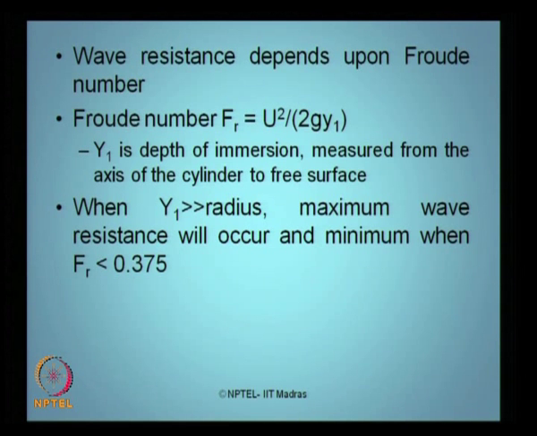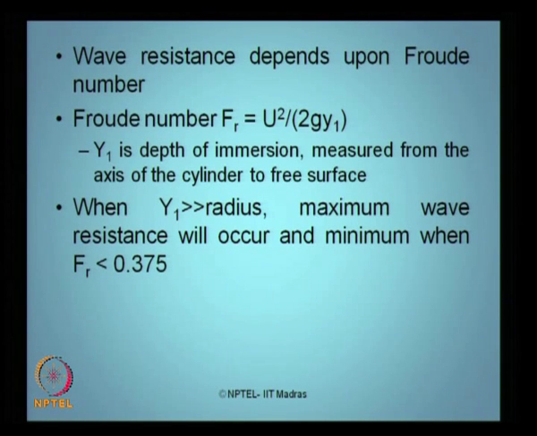When the depth of immersion measured from the axis of the cylinder to the free surface is very high compared to the radius of the member, then the maximum wave resistance will occur. It means the cylinder will resist the wave to its maximum, and this resistance will be minimum when the Froude number is less than a value of 0.375, as seen in the literature.